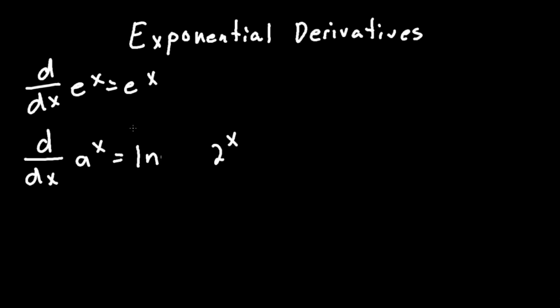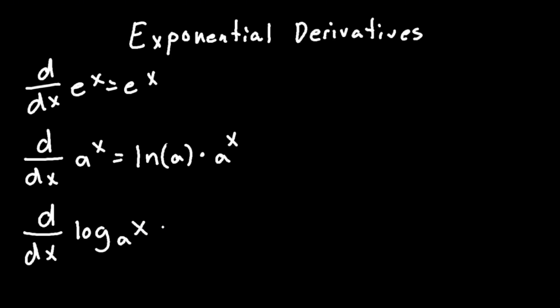The general formula would be ln of a times a to the power of x. The derivative of log base a of x is equal to 1 over x times the natural log of a.